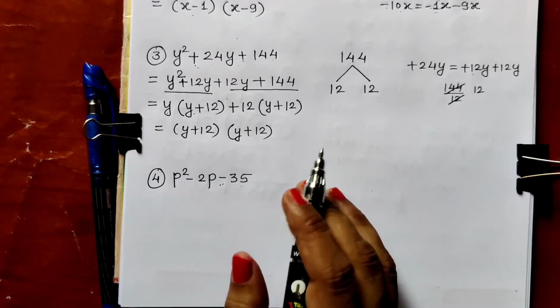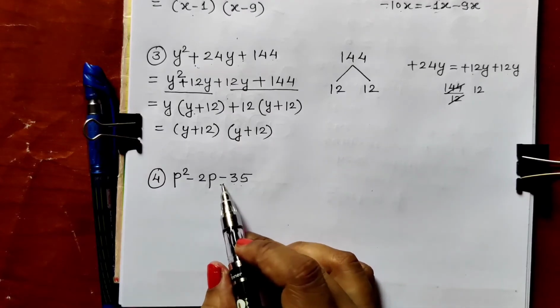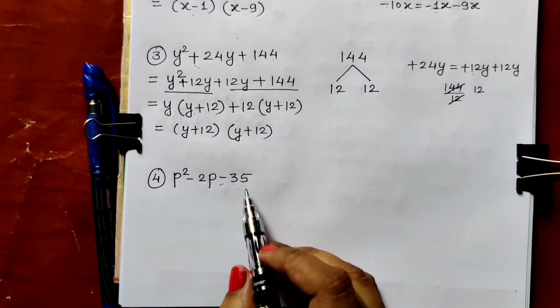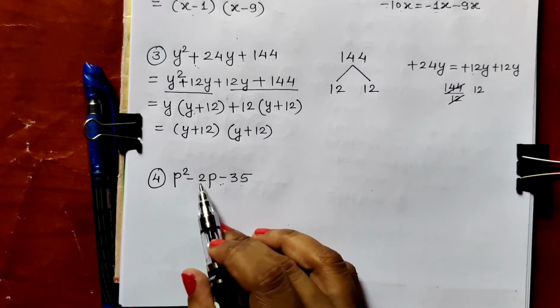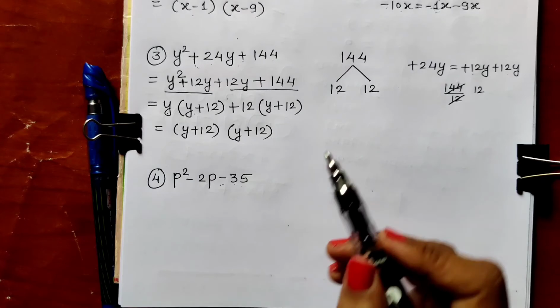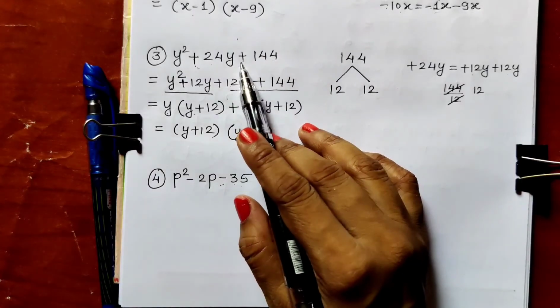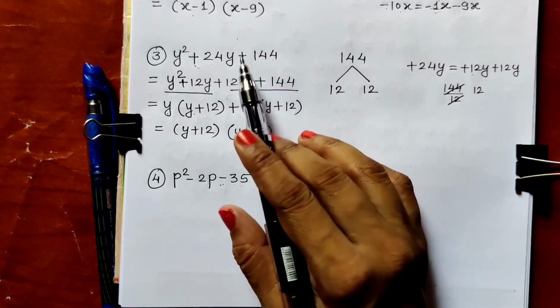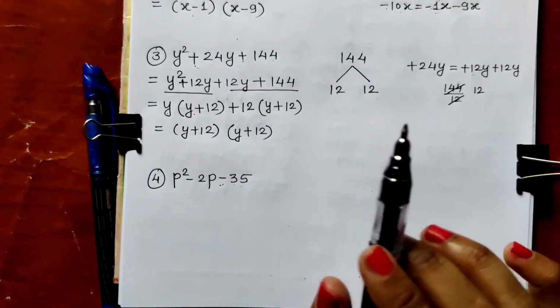Always keep this in mind. When the constant term is having minus sign, we have to find out two such factors of constant term whose subtraction should be the middle term. And when the constant term is having plus sign, we have to find out two such factors of constant term whose addition should be the middle term.